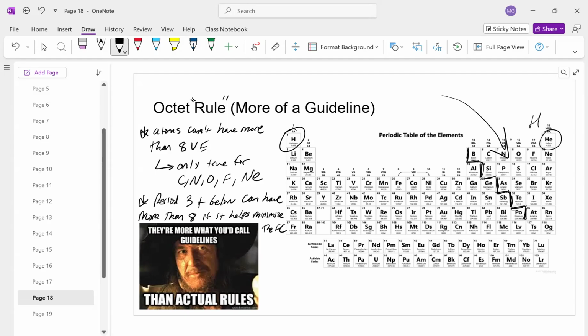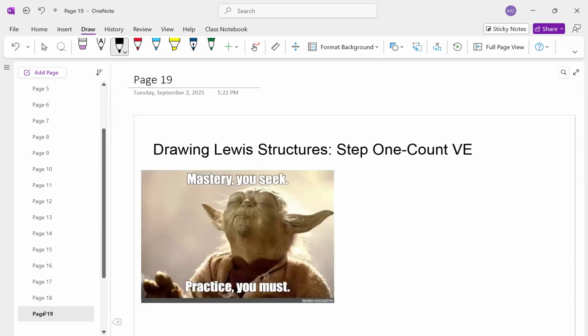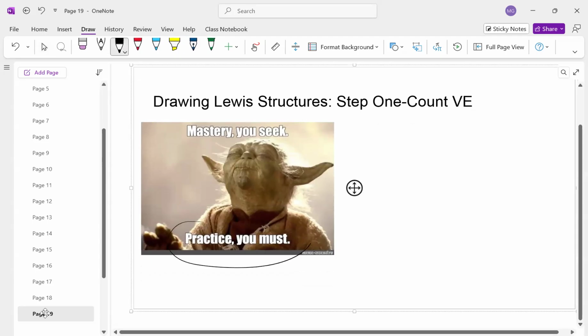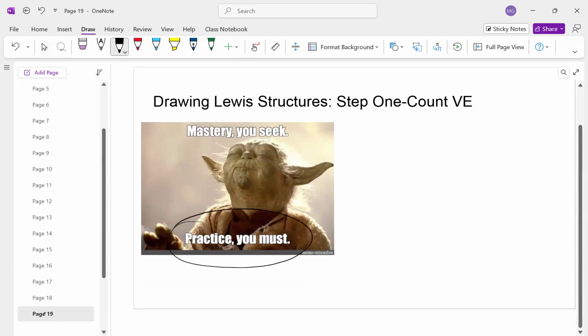So let's get to the steps. I'm going to go through this in 4 steps. First and foremost, consider this rule or step 0. You've got to practice. Just like Yoda says there, if you want to master this and make your life easier in all of GChem, you have to practice drawing Lewis structures.